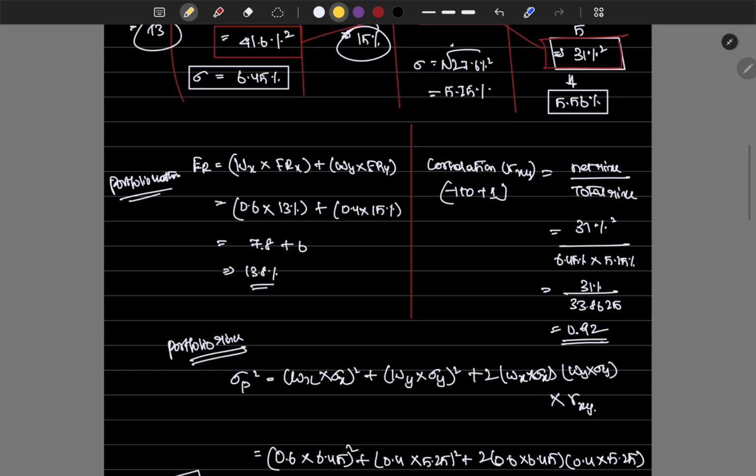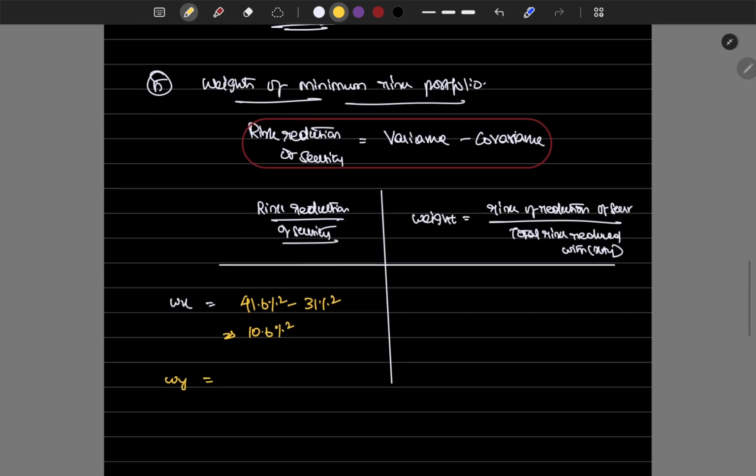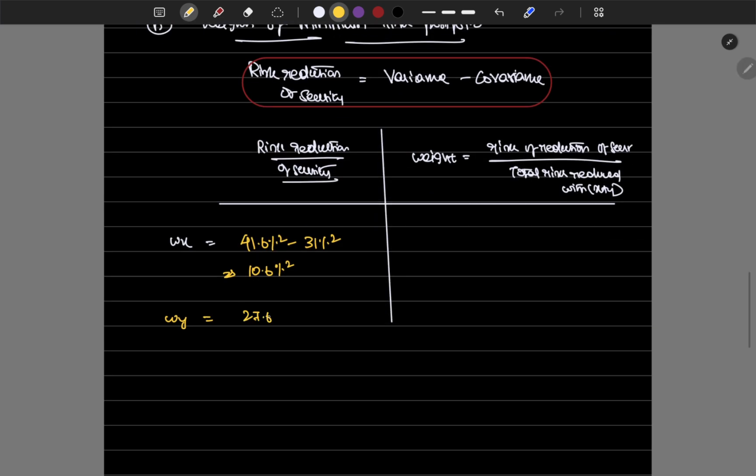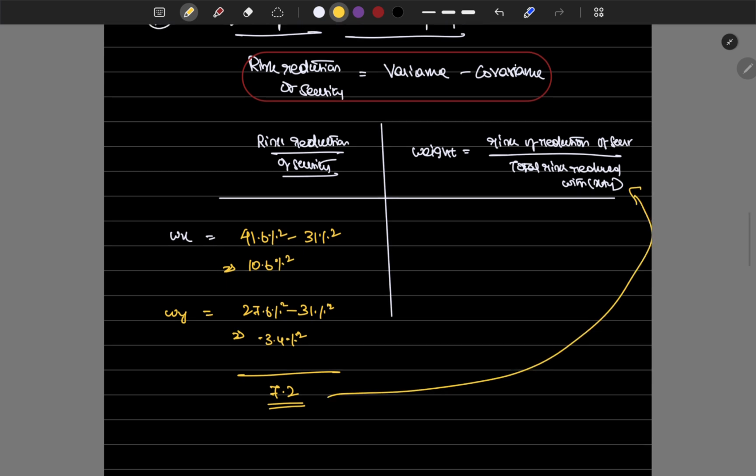Risk reduction of y, which is 27.6%, 27.6 minus 31% square, which is minus 3.4% square. Okay, we got the answer now. What's the total risk reduced? 10.6 minus 3.4. This is the total risk reduced. Okay, this is the value we are going to insert here.